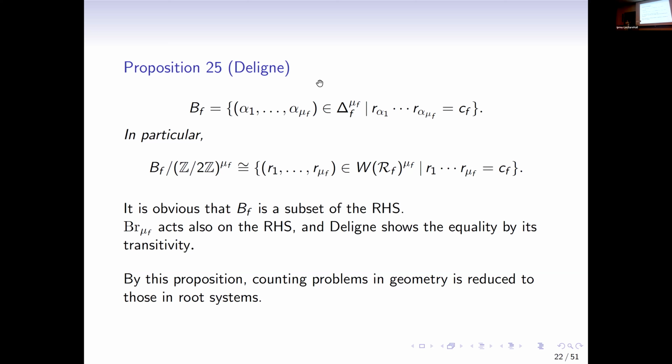And by this, it can be considered as a set of the distinguished basis modulo braid group. It is in general quite difficult to find a distinguished basis on the geometric side. But if we have this equality, then it is now a problem in linear algebra.